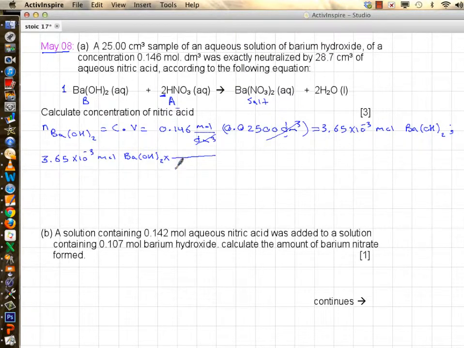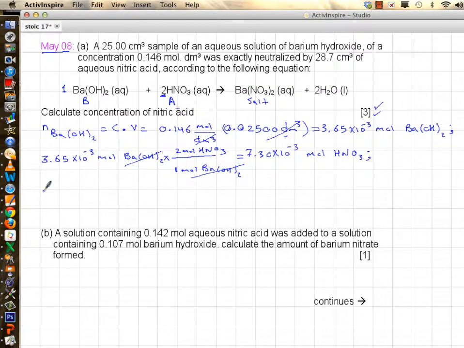So the balanced equation says for every 1 mole of barium hydroxide, I have twice as much, 2 moles of nitric acid. I stop here and do my calculation, twice as much, so this becomes 7.30 times 10 to minus 3 moles of HNO3. And I get my second point from the 3-point question.